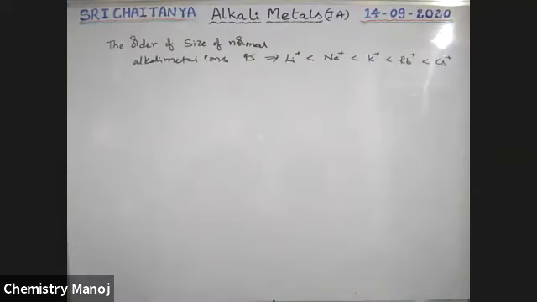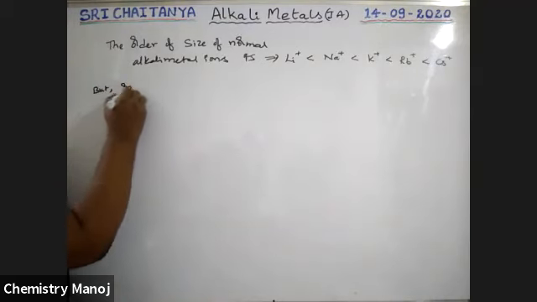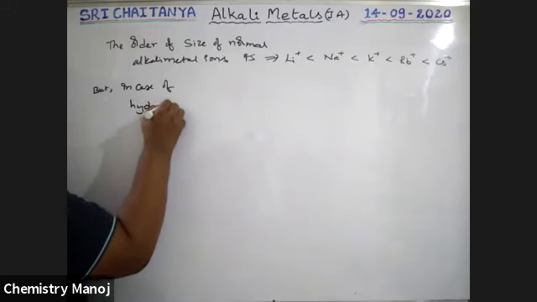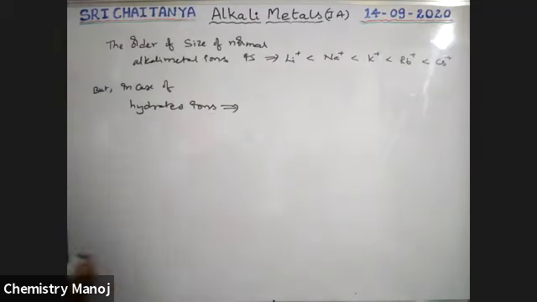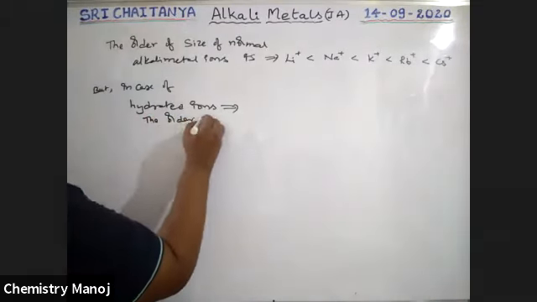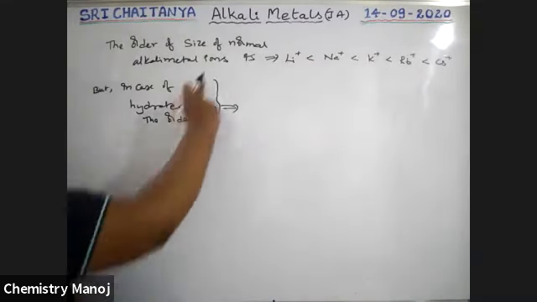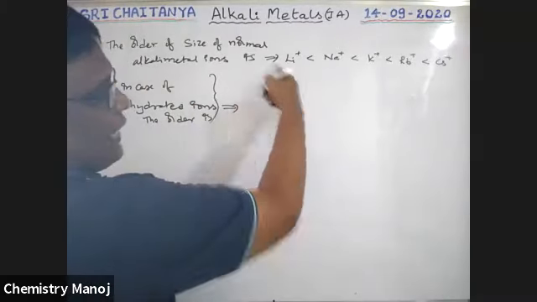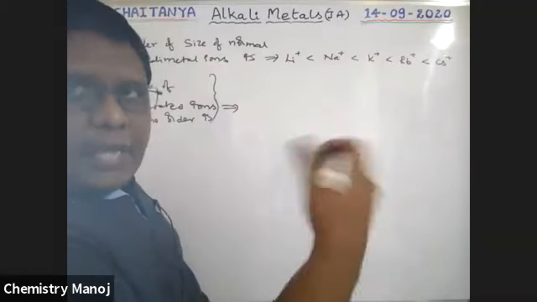That is the normal situation. But in case of hydrated ions, the order is: small size has more hydration, more layers, more size.